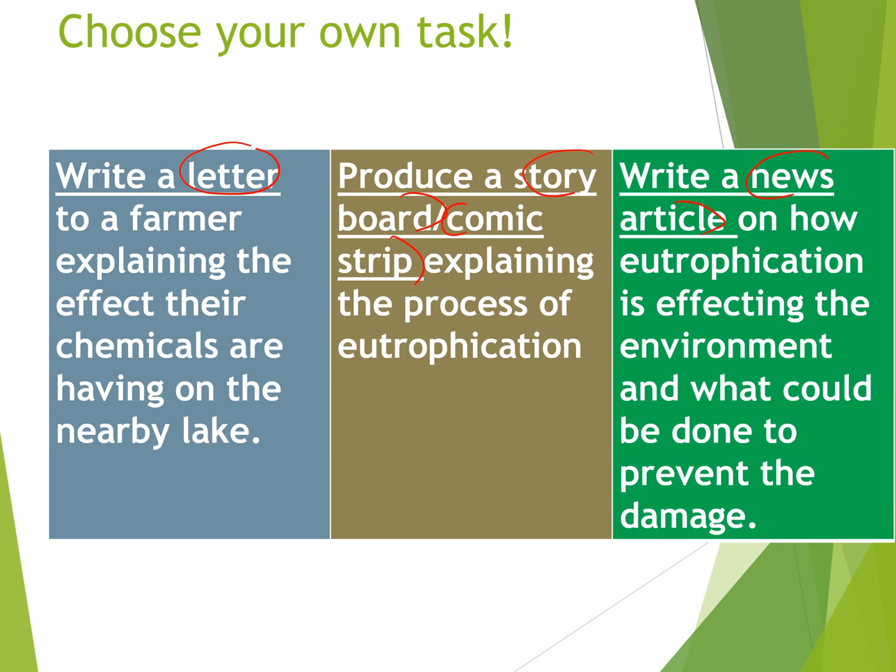And I want the comic strip to explain the process of eutrophication. So there might be lots of dead fish floating on the surface of your stream or whatever towards the end. And then we've got a news article on how eutrophication is affecting the environment and what could be done to prevent the damage. Okay, so from a proactive, preventative point of view for your news article.